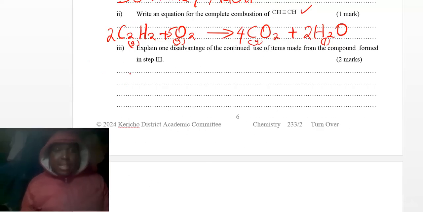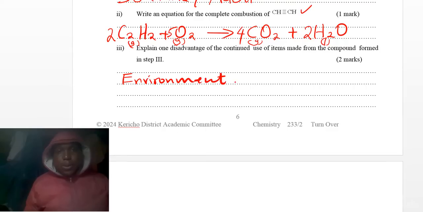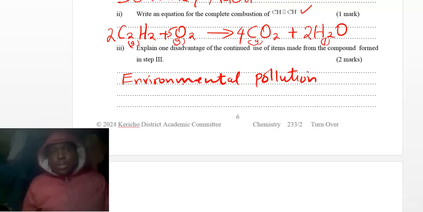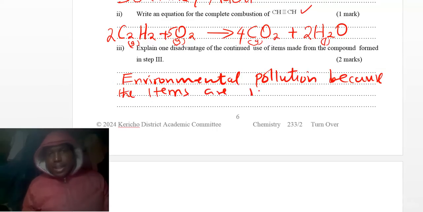So you just write that they cause environmental pollution because the items are non-biodegradable.